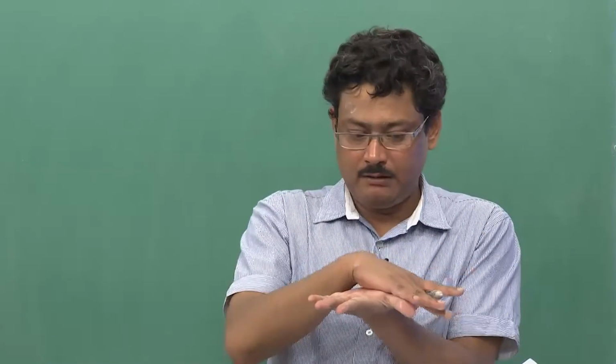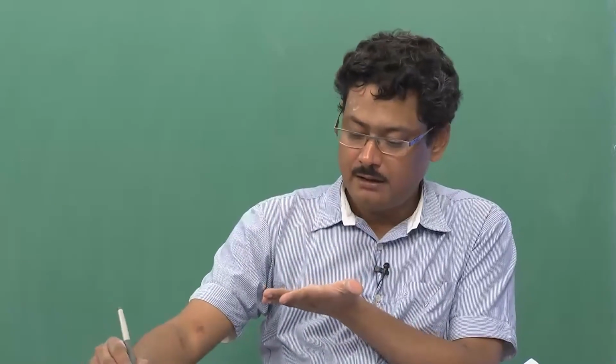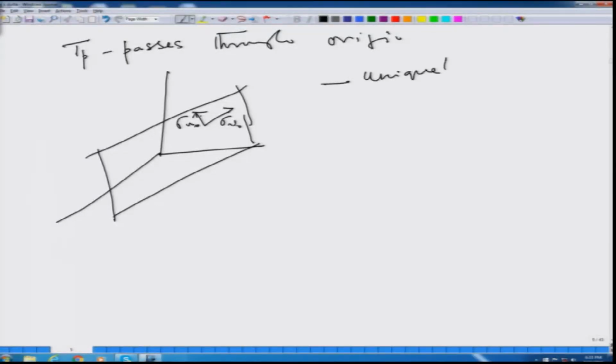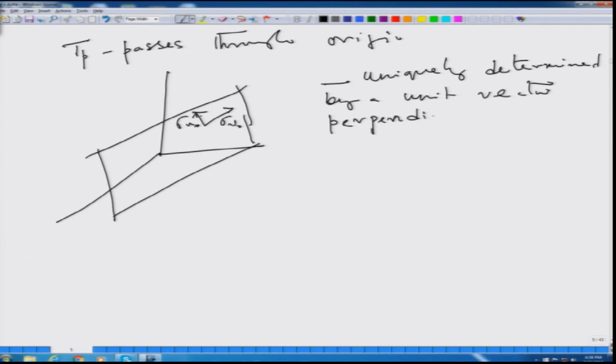How can I determine the plane? It is uniquely determined by a unit vector perpendicular to it. So, if I take a point here, or let us take the 0 point, and look at this vector, this direction will completely determine the plane.